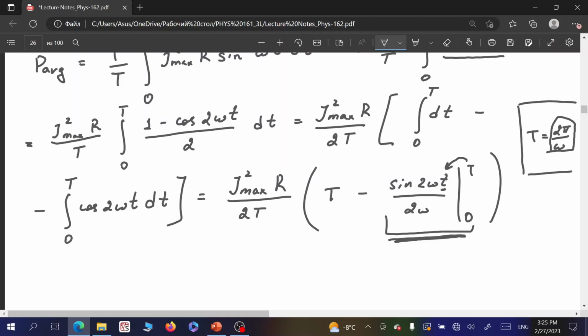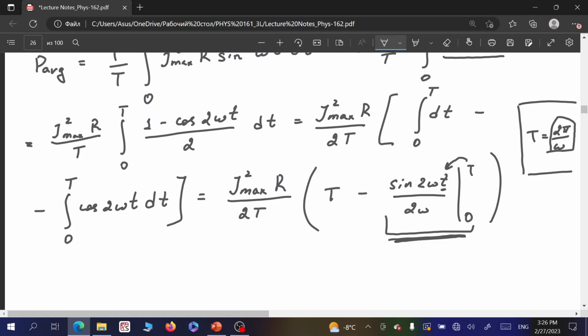So we have a fraction of pi, either pi or 2 pi or whatever, and it will result in 0.